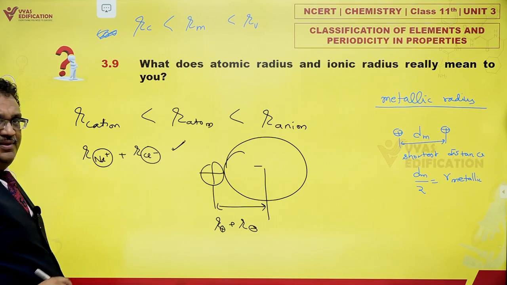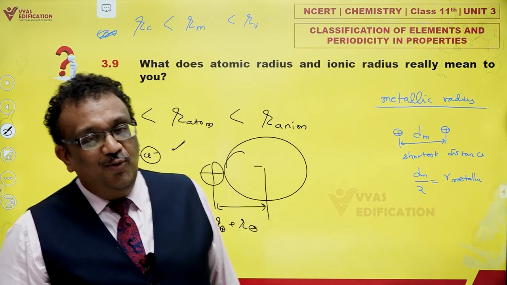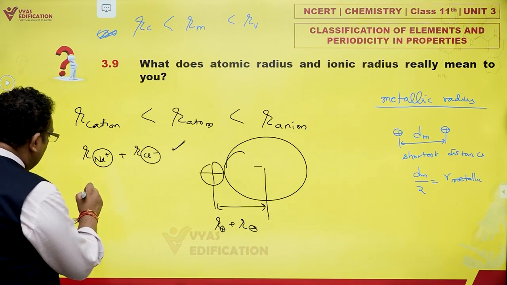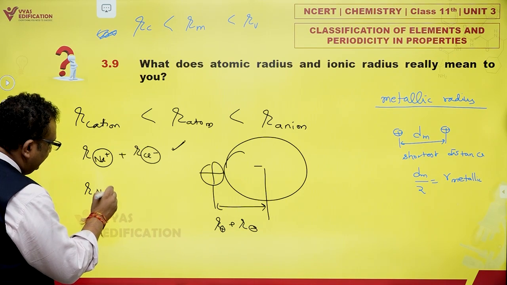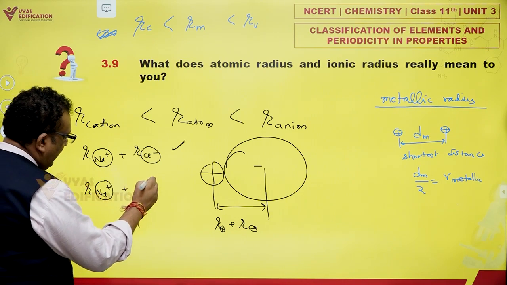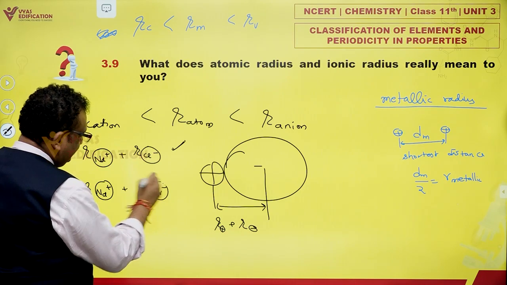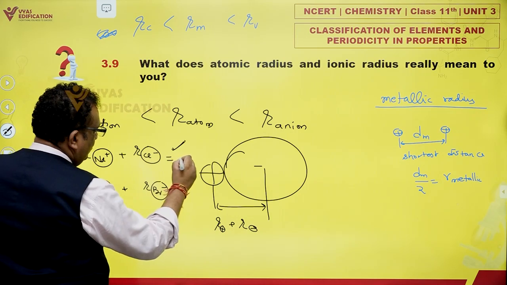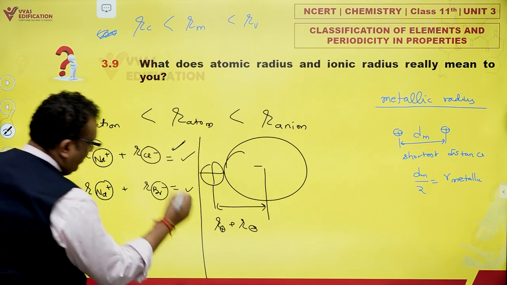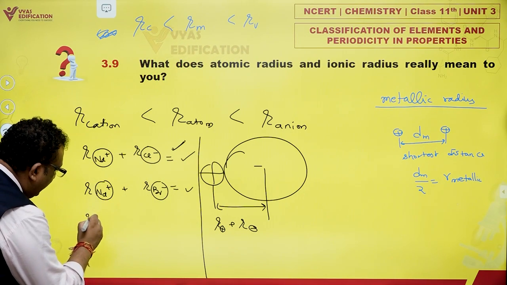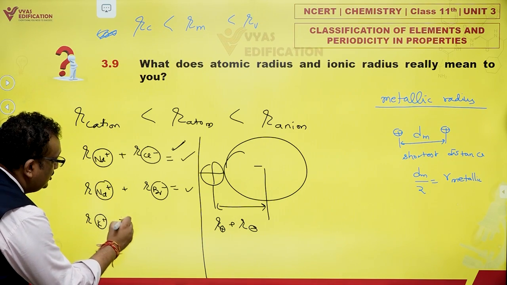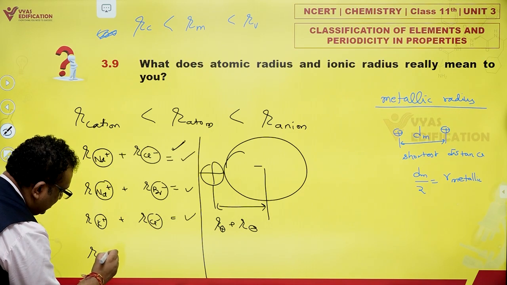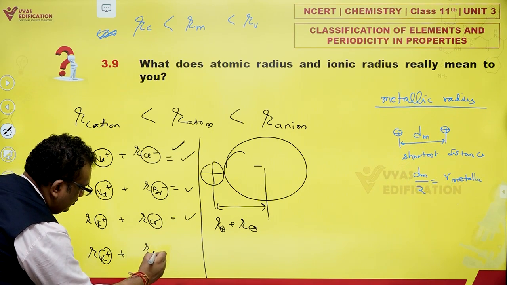Okay, that's fine. We could actually try more. Instead of this, we could also determine the radius of Na plus and Br minus together. These are values I can experimentally measure. Then I could get potassium chloride also, and potassium bromide also.